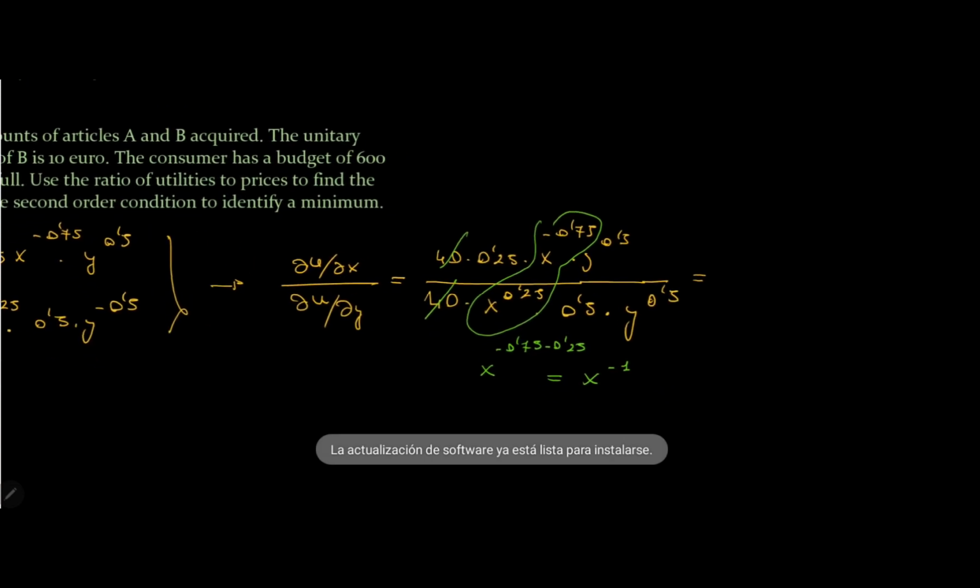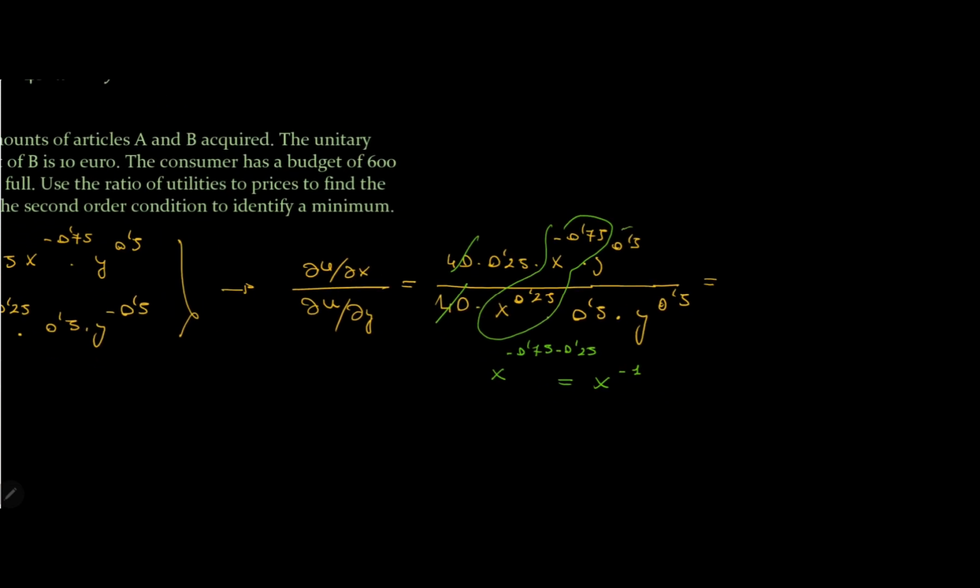And if I put together these two y's, I get y raised to the power of 0.5 minus 0.5. Sorry, I made a mistake when copying. This is a minus. And I have y raised to the power of 1.